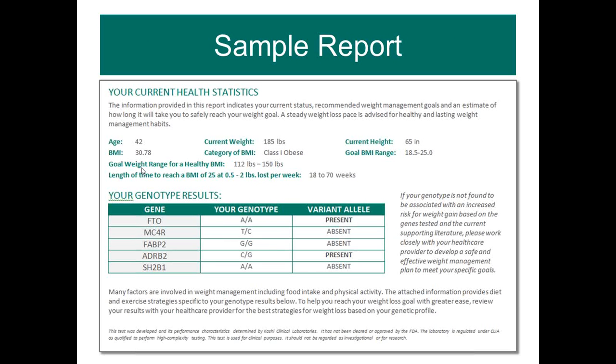With that, we also put forth what a realistic goal weight would be for them to attain a normal weight, goal BMI of 18.5 to 25. We also put forth a realistic time frame as to how long it would take for those individuals to lose that weight, based upon 2 pounds lost per week all the way down to half a pound lost per week.